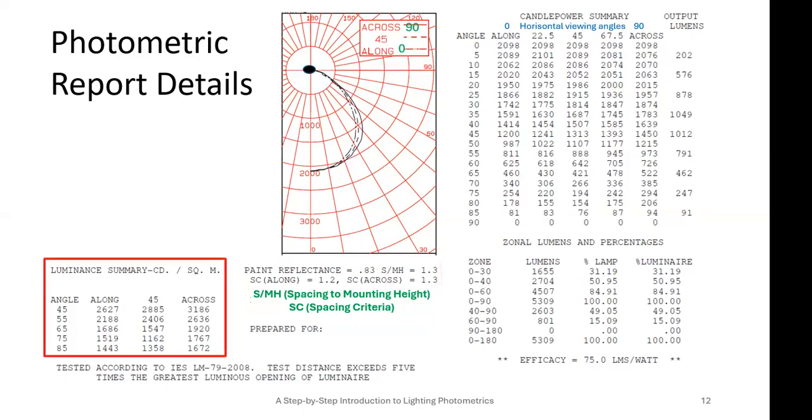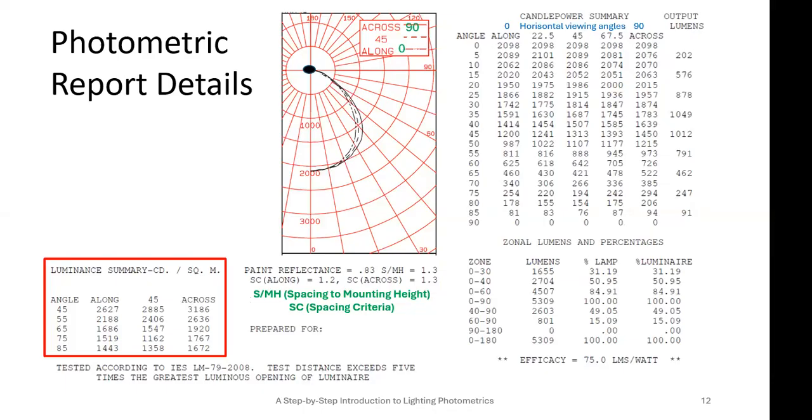Now let's go over to the next table, which is the luminance summary in candelas per square meter. That's a metric that we use to measure luminance, or what is that? That's brightness for reflected light. Now let's go into the table and we'll see the angles.